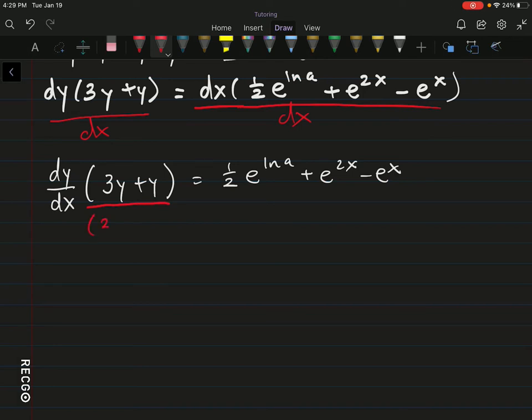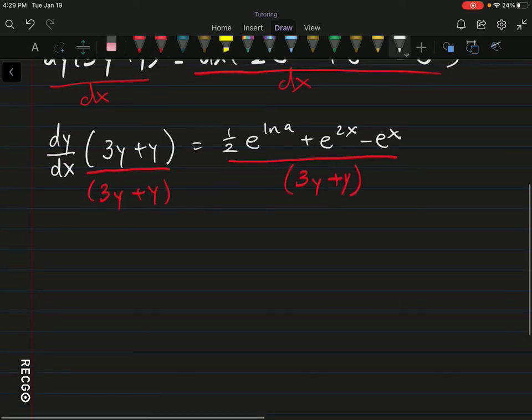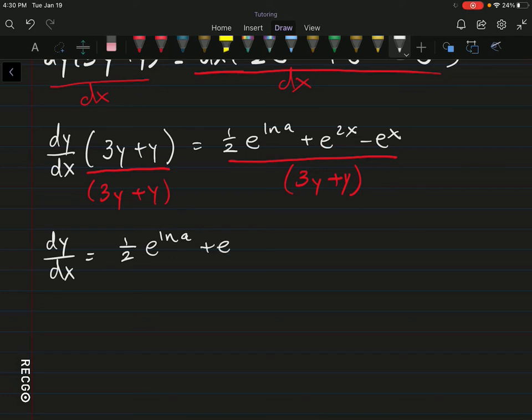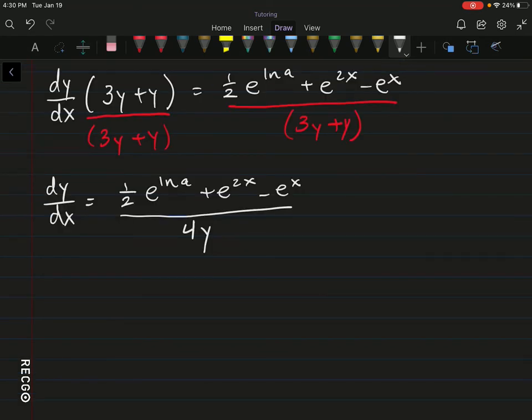So we're going to divide both sides by 3y plus y. dy dx is equal to 1/2 e to the ln a plus e to the 2x minus e to the x over 3y plus y, which is really 4y.